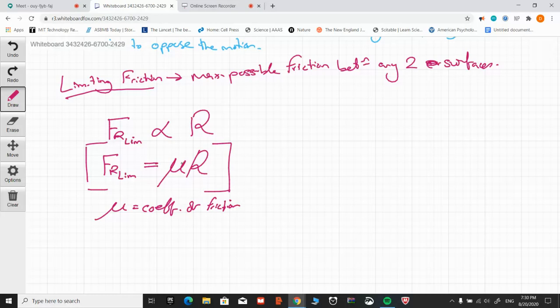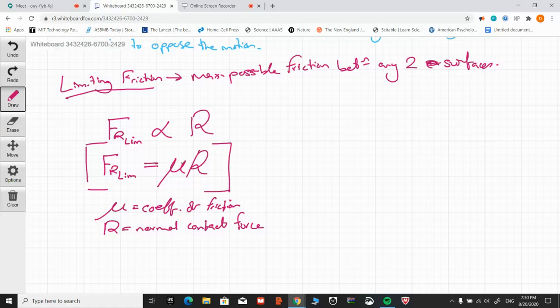On a slippery surface the value of mu is low, on a rough surface the value of mu is high. And R is the normal contact force. Is it the coefficient of friction or the coefficient of the contact force? Not the contact force, because mu is multiplied to R?